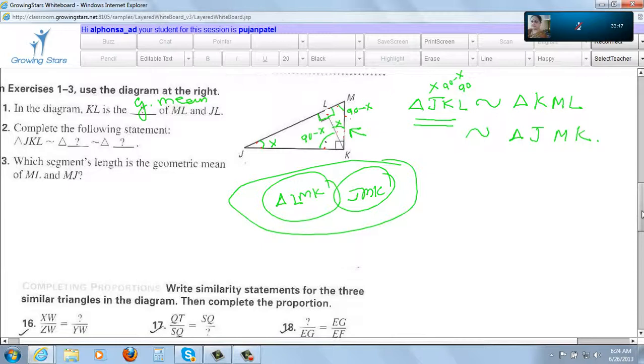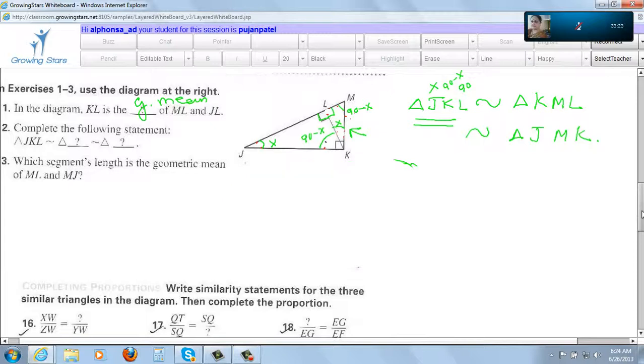Okay, then next, the last one. You can read the last one. Which segment's length is the geometric mean of ML and MJ? There are three altitudes here. Which one will be the geometric mean of ML and MJ?